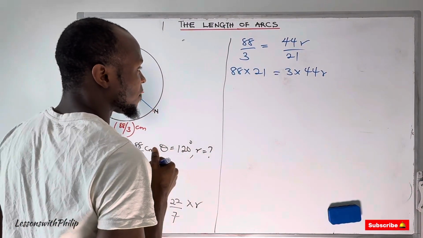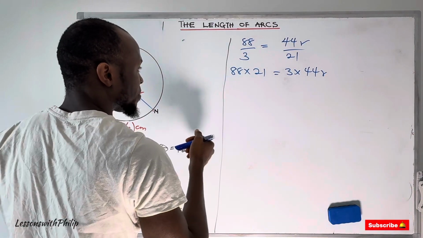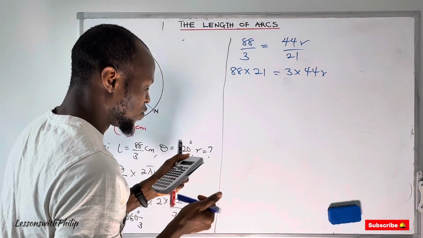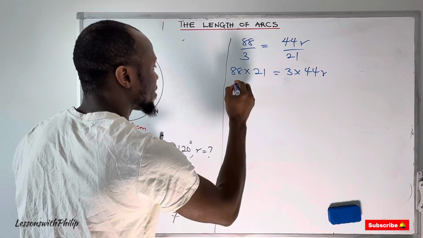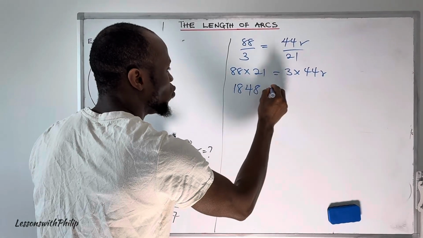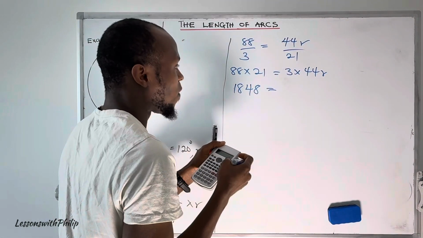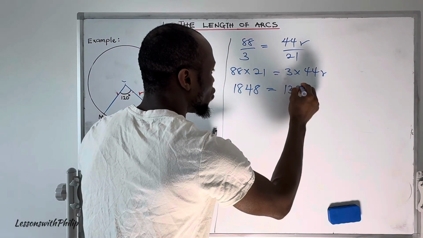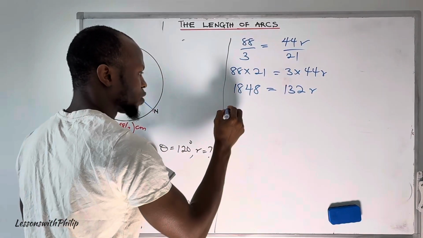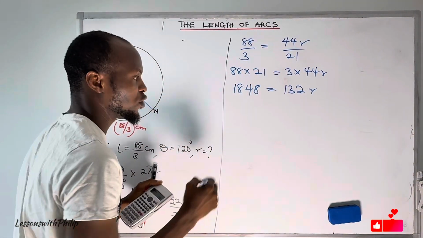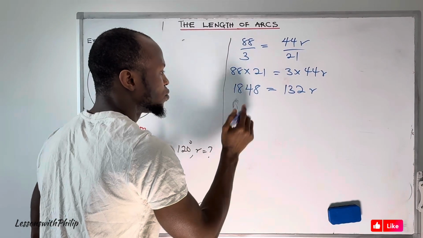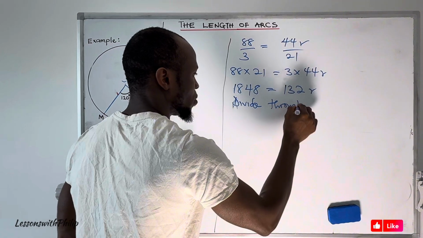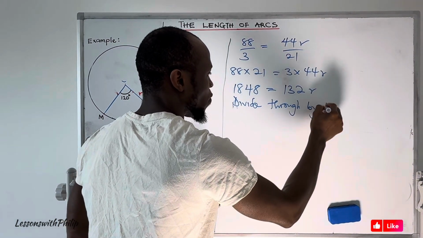Now, 88 times 21 will give me 1848, which is equivalent to 3 times 44. 3 times 44 will give me 132, so 132 times radius. Now, if I want to make radius the subject of the formula, what do I do? I divide through the equation by 132.